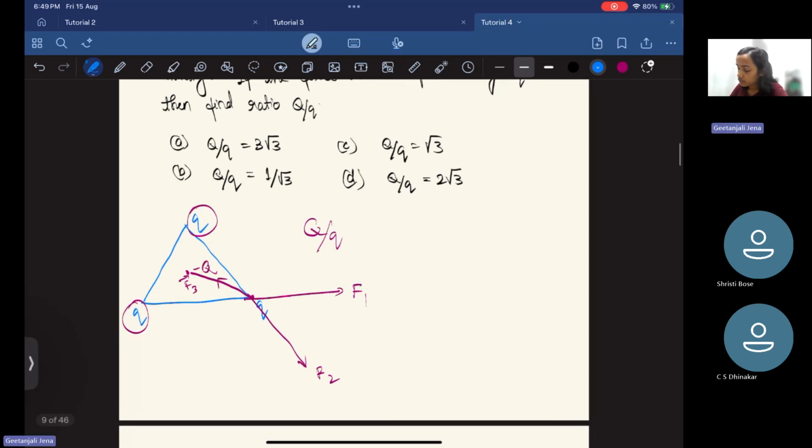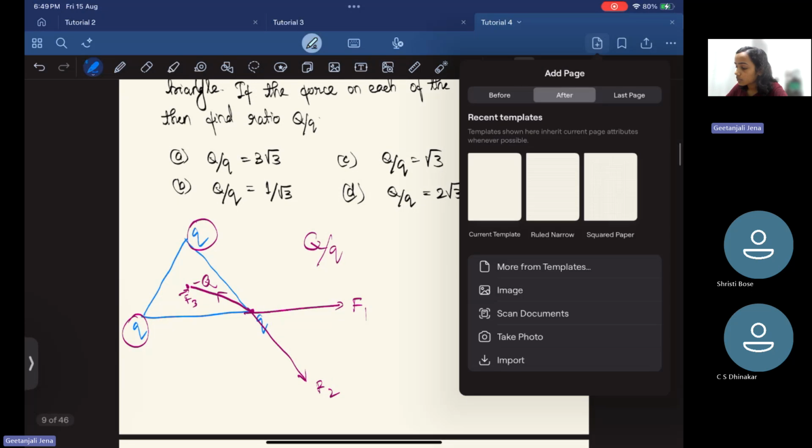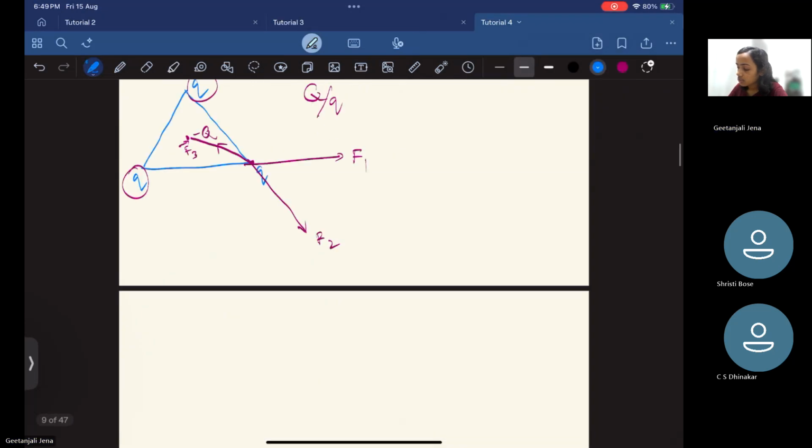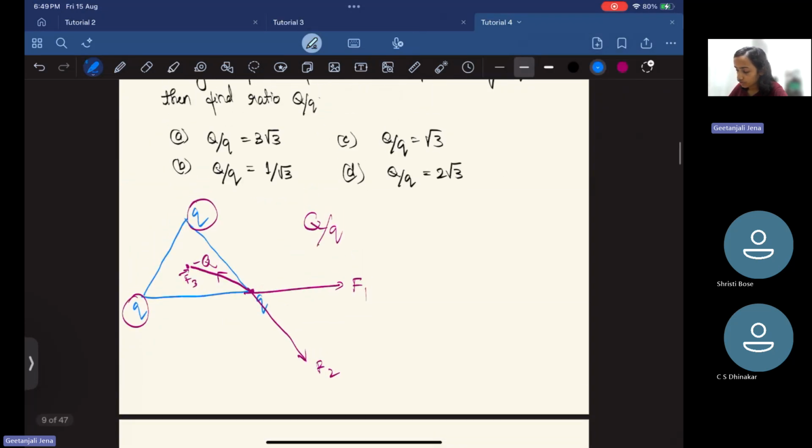To make the force on the charge zero, these forces must sum up to 0. So F1 plus F2 plus F3 is 0, right? So instead of calculating F1, F2 and F3, let us see the components.